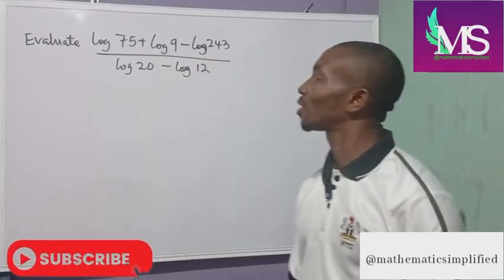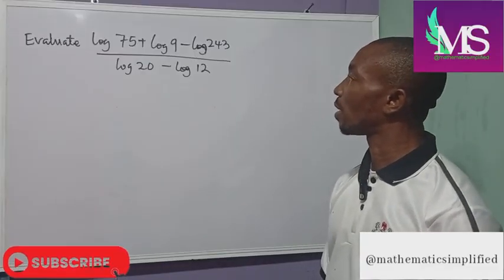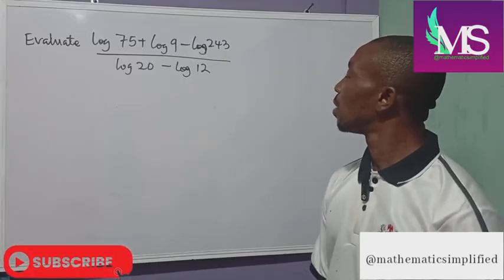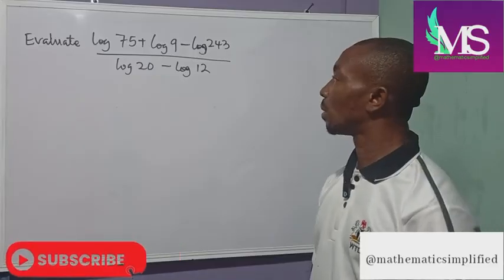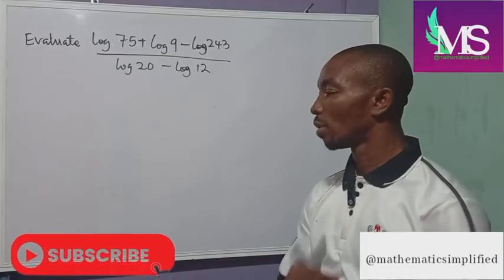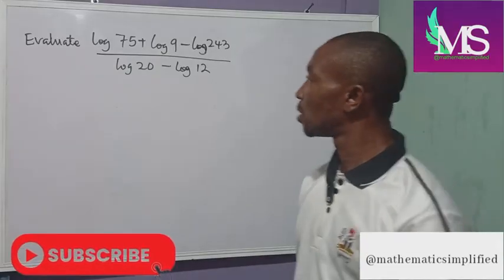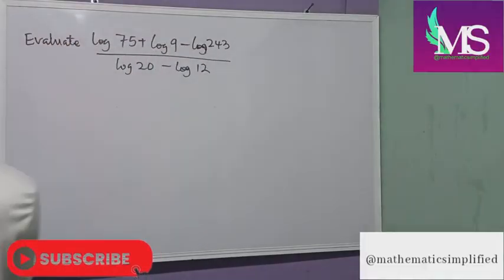Alright, our next question says evaluate log 75 plus log 9 minus log 243 divided by log 20 minus log 12. Now, in order to do this, all the logs are in the same base.